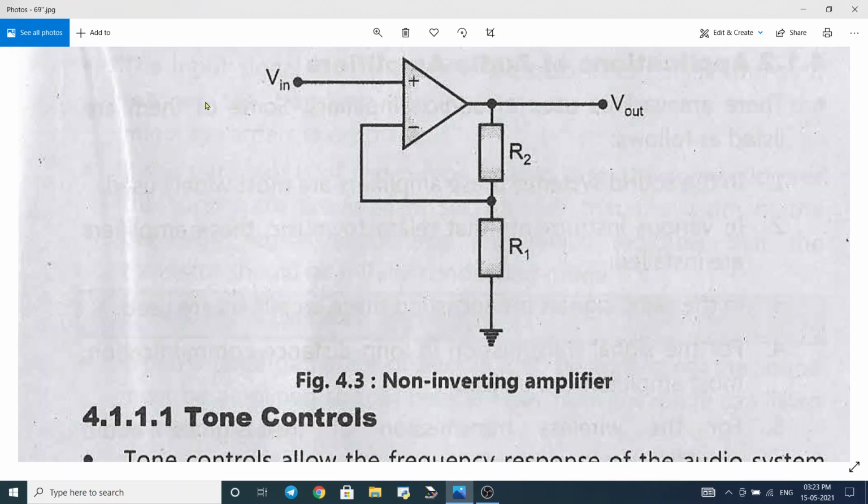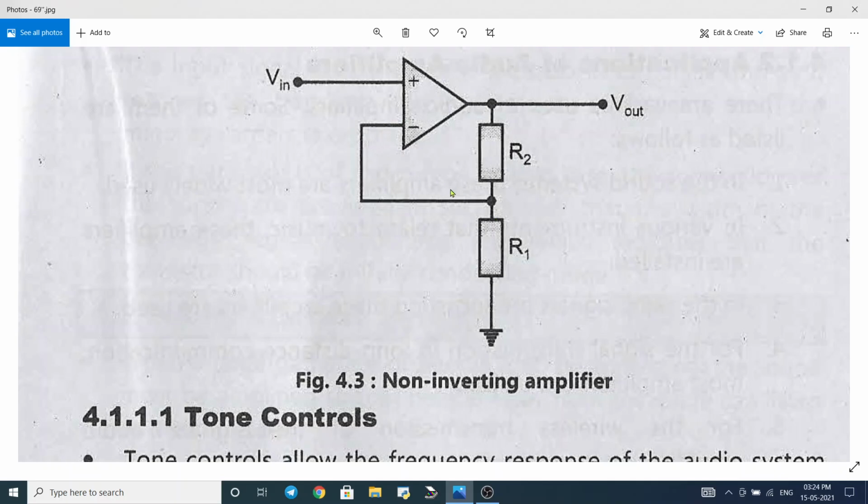The input coming from microphone and preamplifier should be given to the non-inverting input terminal of the op-amp used in a non-inverting configuration.